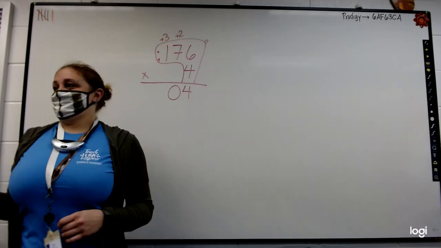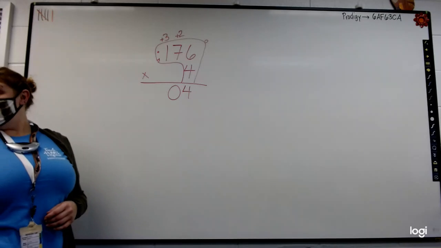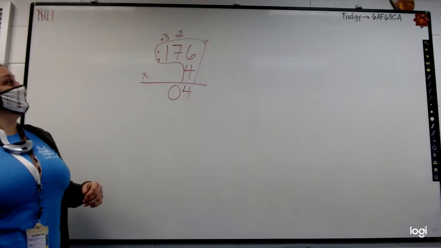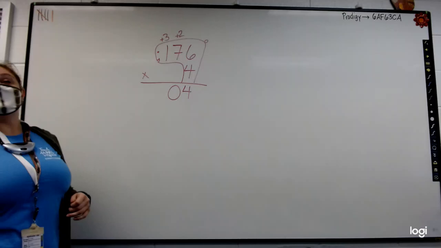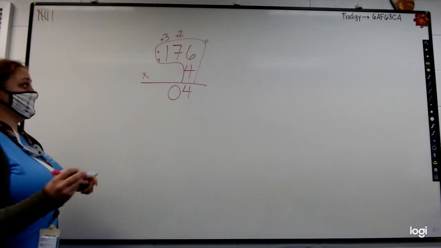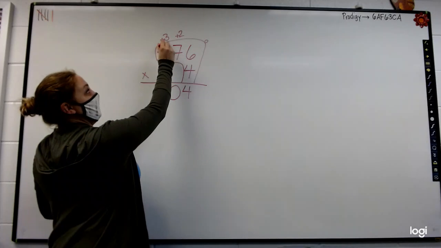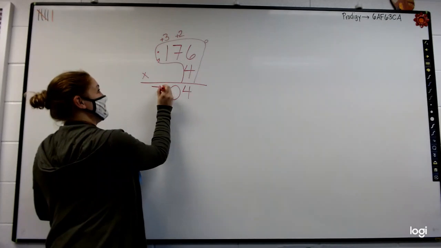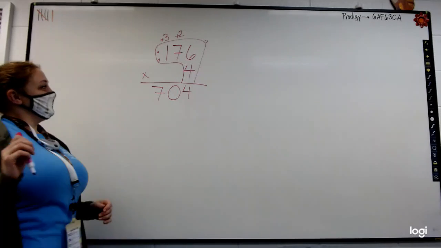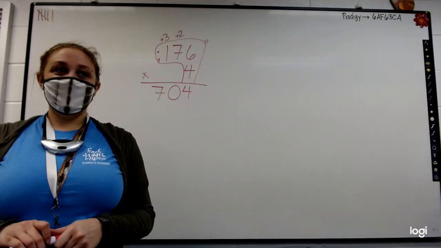All right, now what? Quentin? You're going to multiply 4 times 1, which is going to be 4, but then you're going to add 3, which is then going to be a 7. Perfect. So Quentin, if you couldn't hear us at home, Quentin just said 4 times 1 is 4. Add 3 more, and we get 7. 704. Nice job.